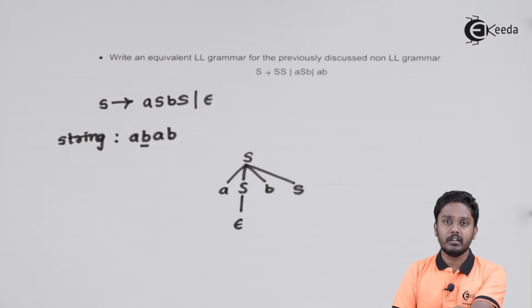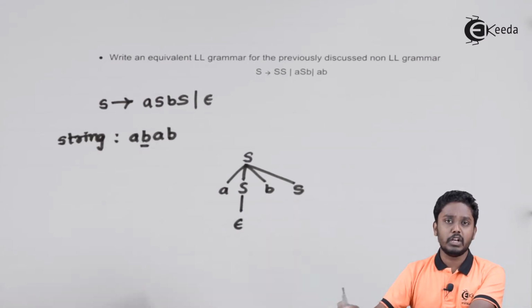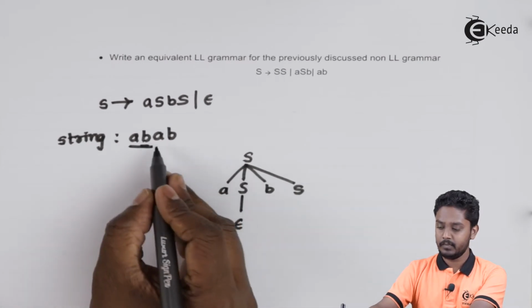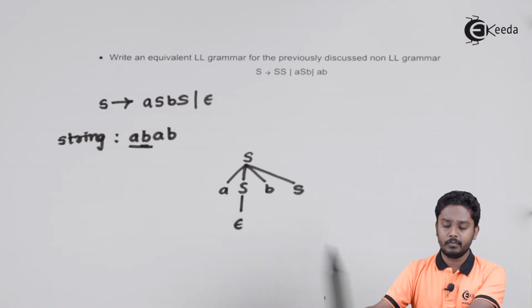Next, we need to generate the second AB pair. Using this A, we need to generate one A because we have generated the AB portion already. Look ahead would be now A over here. This S has to be replaced.